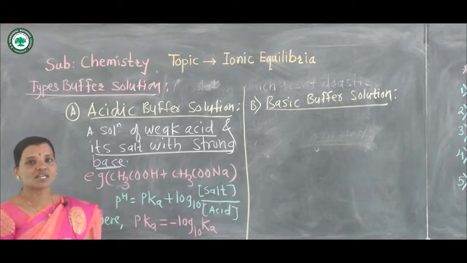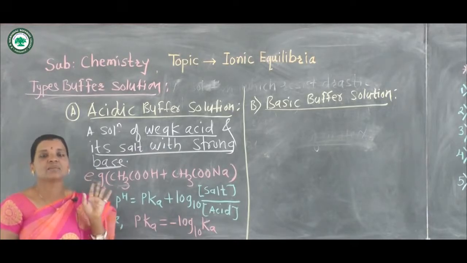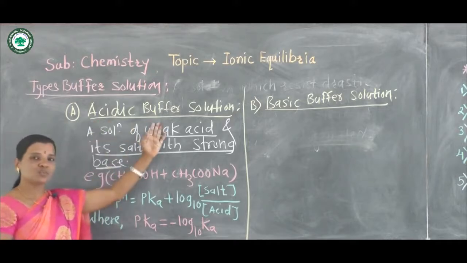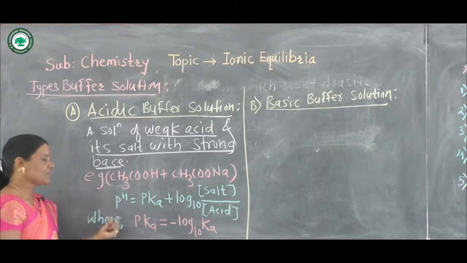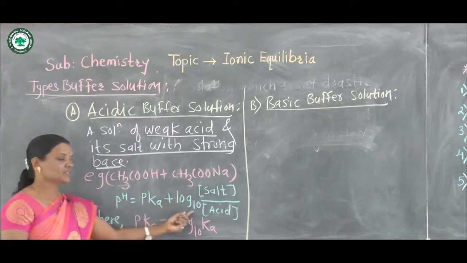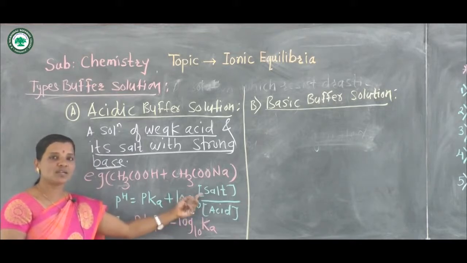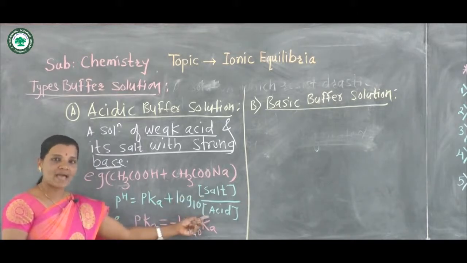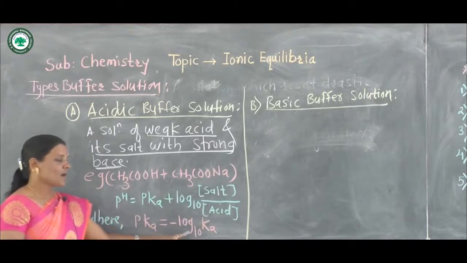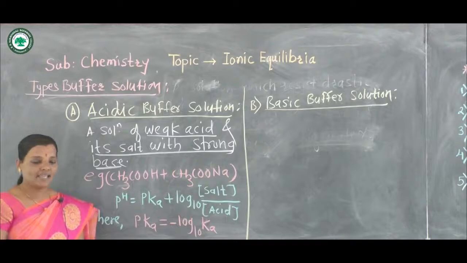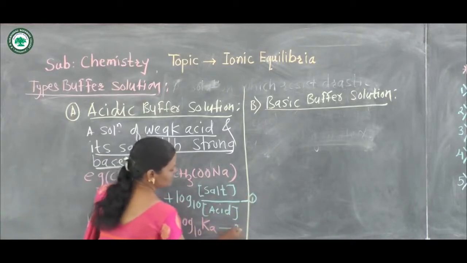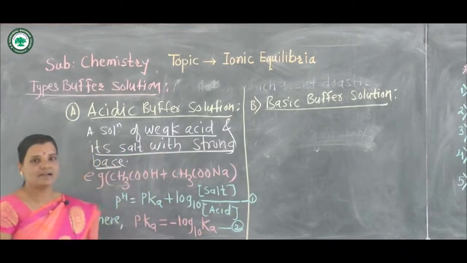Acidic buffer solution maintains acidic pH of the solution, and pH of acidic buffer solution is given by pH is equal to pKa plus log to the base 10 concentration of salt divided by concentration of acid, and where pKa is equal to minus log to the base 10 Ka. If we say this equation as equation 1 and this is as equation number 2.